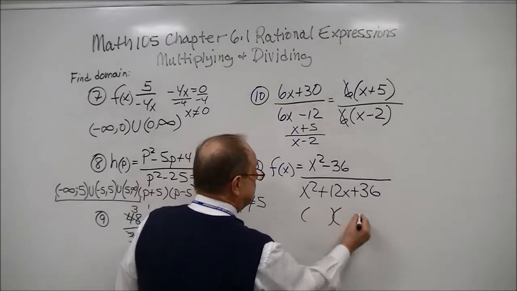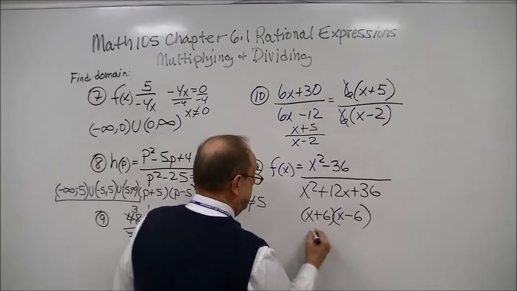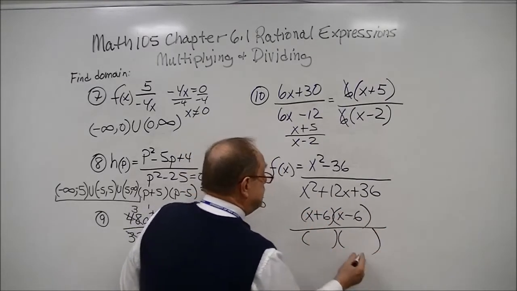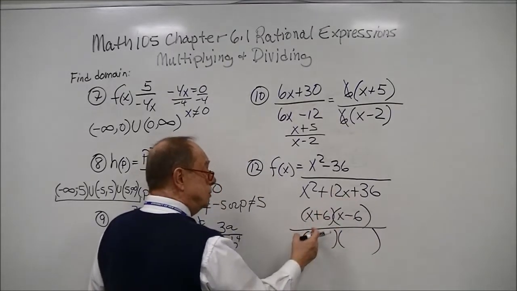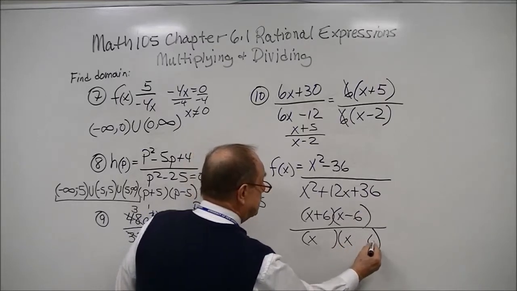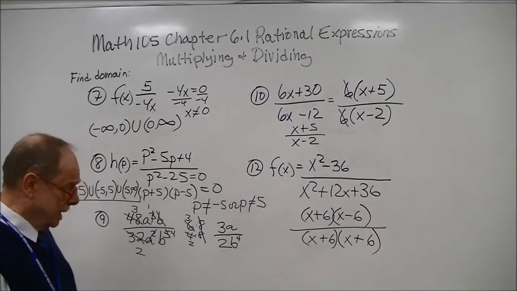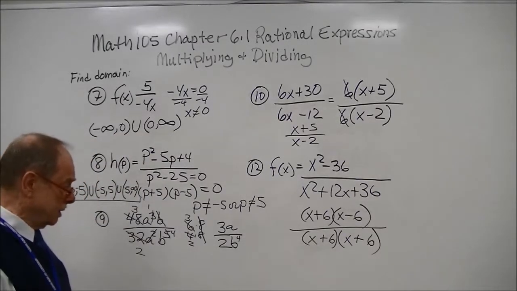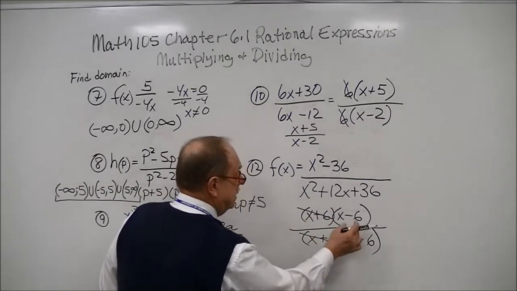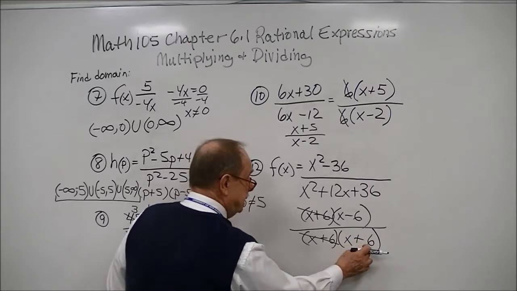So we factor it into its conjugates. Now this I know is going to factor into a binomial square. And now we look to see, are there common factors? So our final answer is x minus 6 over x plus 6.